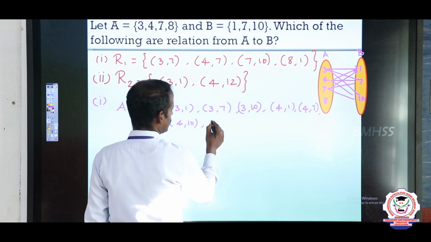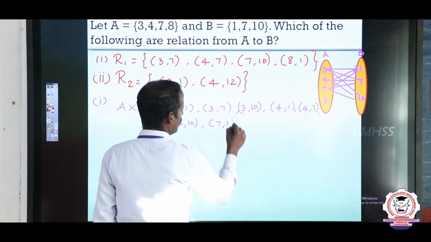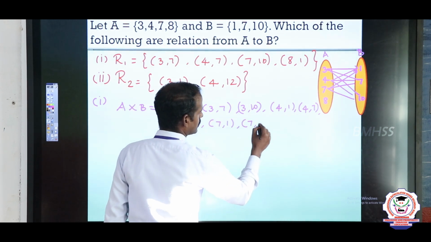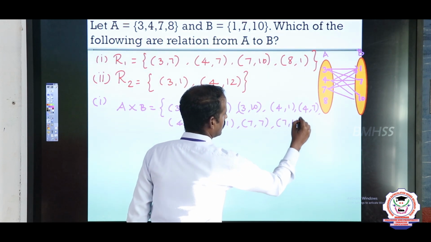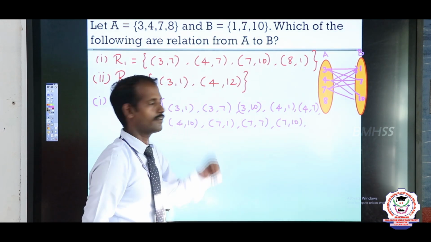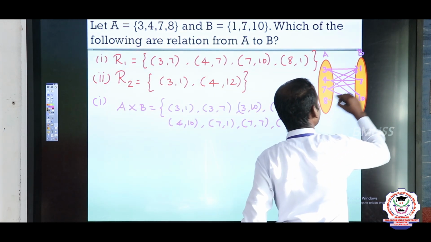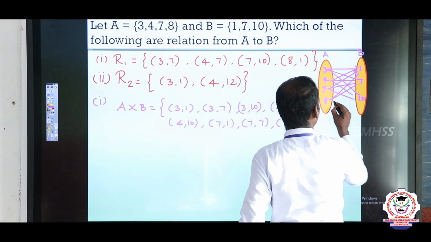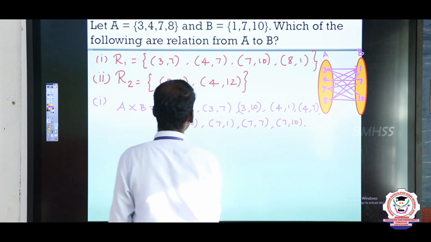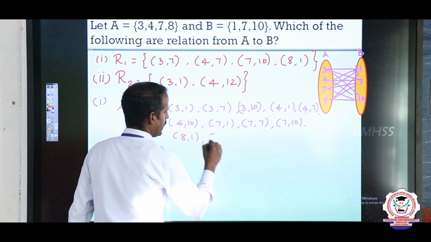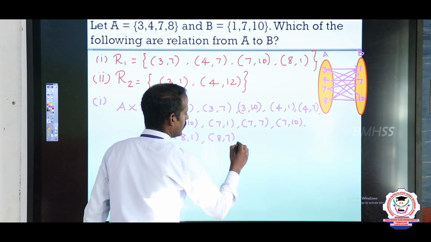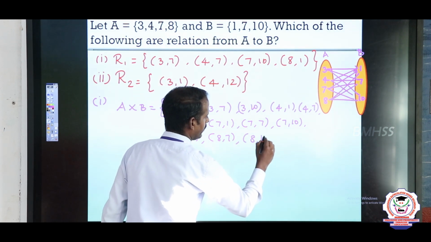The next is 8: 8 relates to 1, 8 relates to 7, 8 relates to 10. So (8, 1), (8, 7), (8, 10).